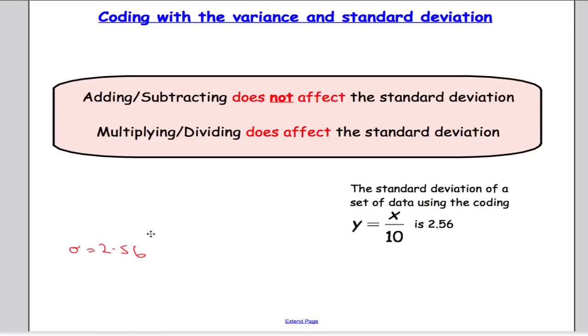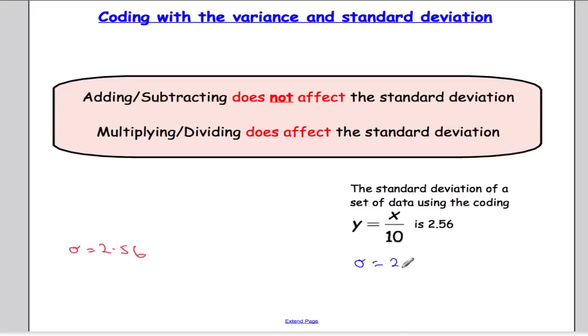However, if the standard deviation of a set of data using the coding y equals x over 10 is 2.56, well, that means the standard deviation of the uncoded data is I need to undo this division by 10. So that means the standard deviation for the uncoded data set is going to be 10 times bigger than this because all the data points were divided by 10.